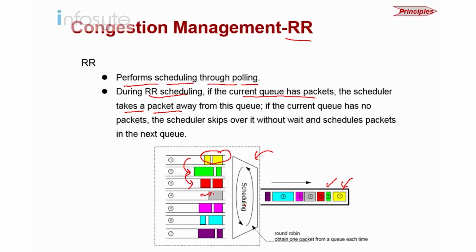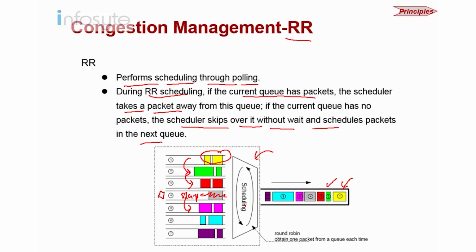What happens if, let's say, there is no packet? Okay, so if there isn't any packet on that particular queue, the scheduler will skip over it without waiting for the scheduled packet in the next queue. So assuming that there is no gray color packet on queue number 4, it will skip and then it will jump into queue number 6.